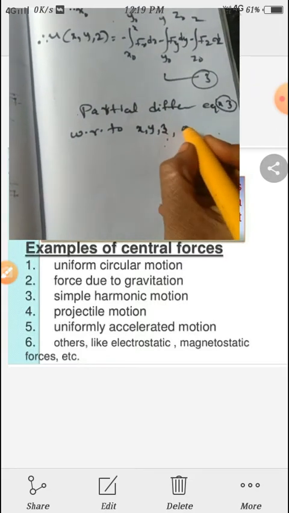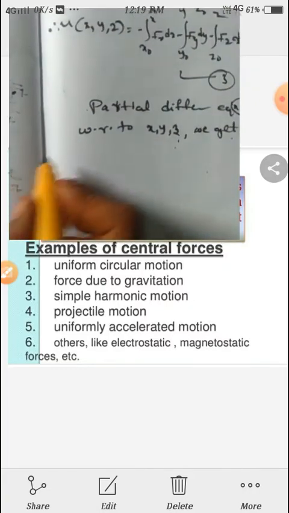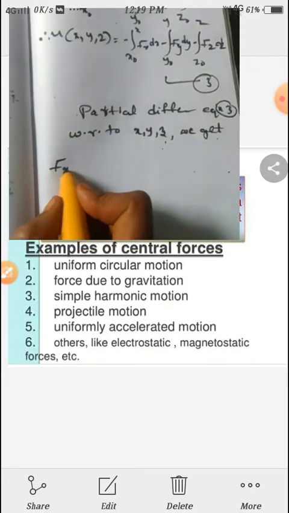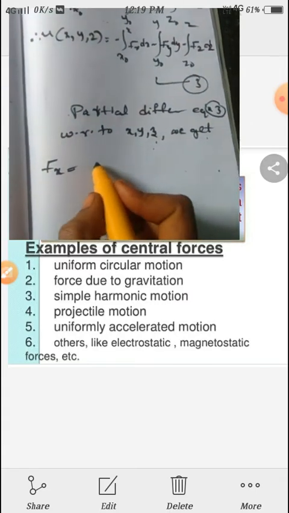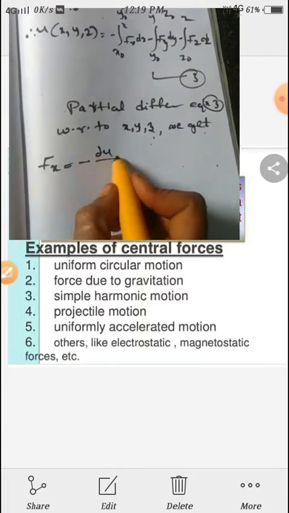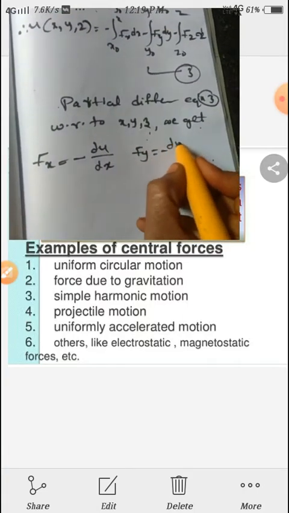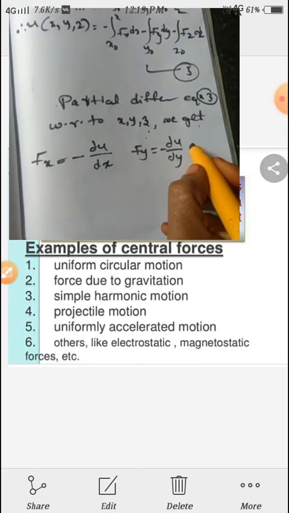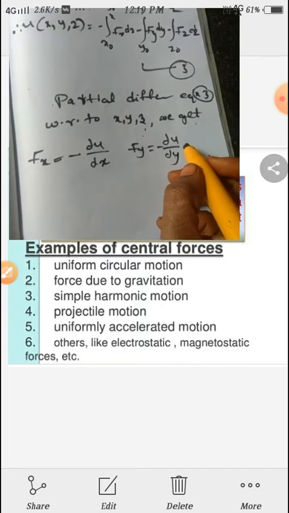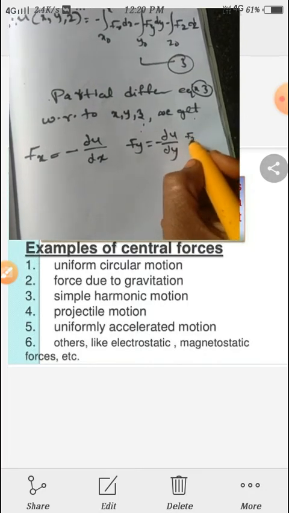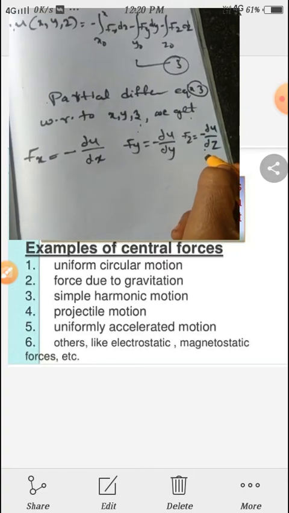We get Fx equals minus dou U by dou x, Fy equals minus dou U by dou y, Fz similarly equals minus dou U by dou z.